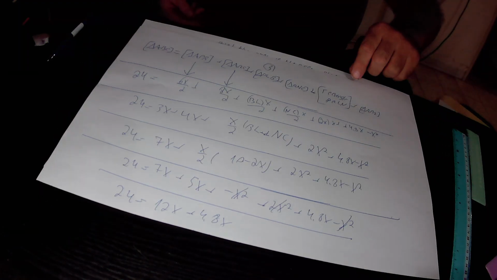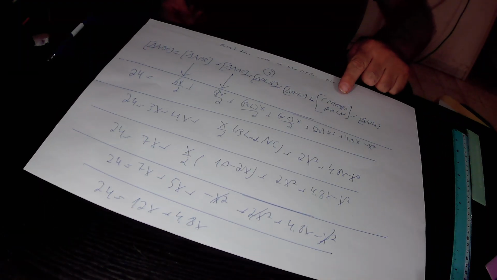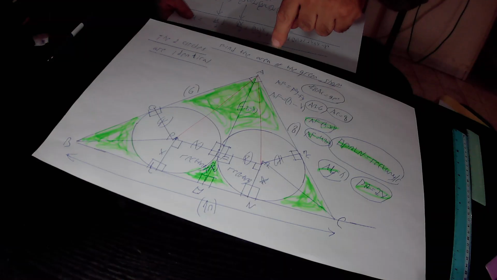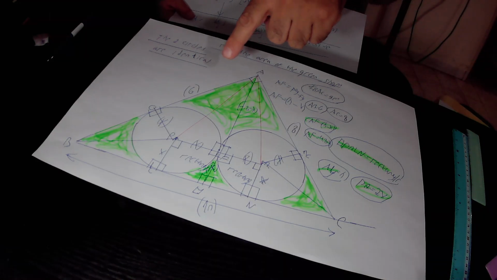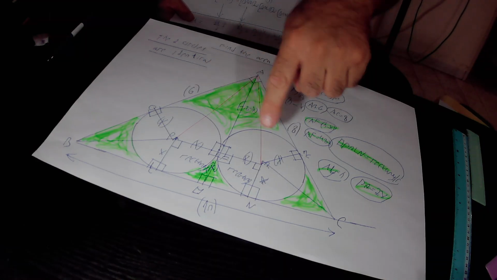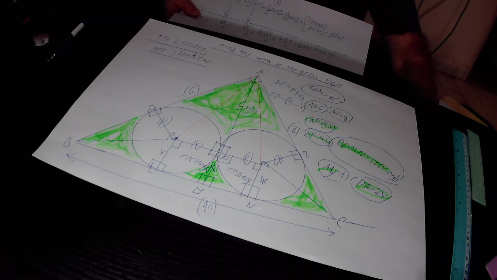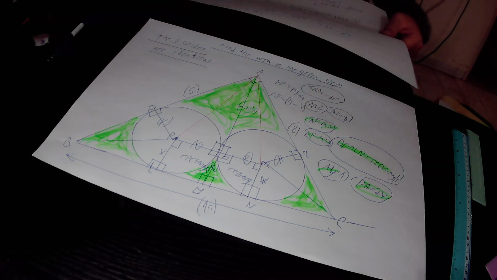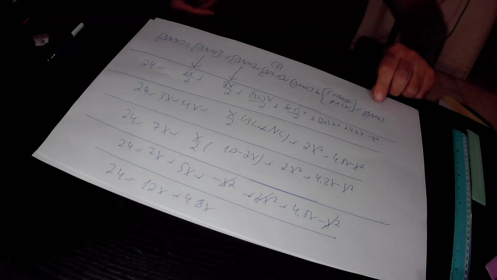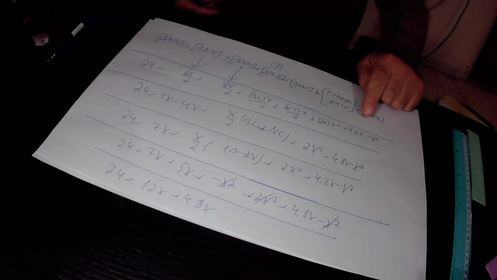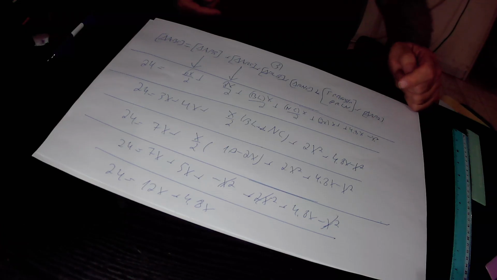The area of rectangle PQLN equals 2x times x. Plus the area of the sixth shape, which is actually the area of this triangle APQ. We already found out that the area of triangle APQ in total equals 4.8x minus x squared. The area of the sixth shape, triangle APQ, equals 4.8x minus x squared units in size.